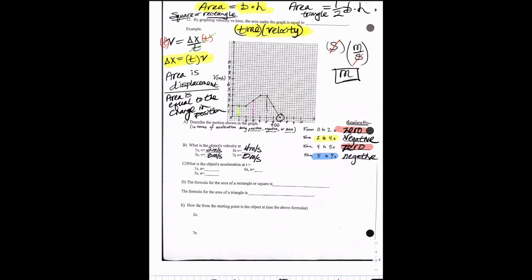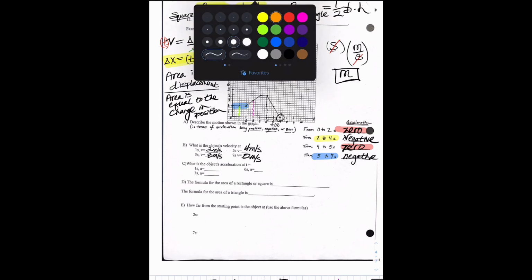All right, then part C, it says, what is the object's acceleration at 1 second, 3 seconds, and 6 seconds? Well, at 1 second, we can see that the slope of this line is going to be 0. At 3 seconds, we have to calculate the slope of this segment.